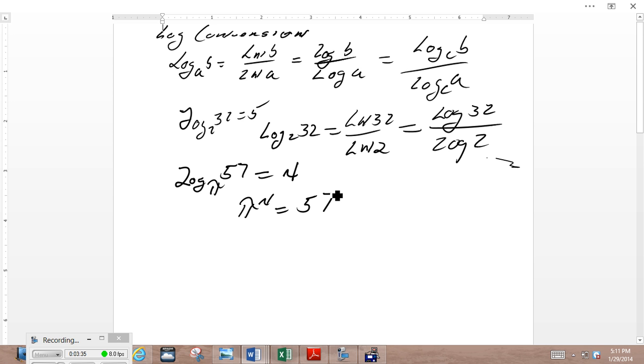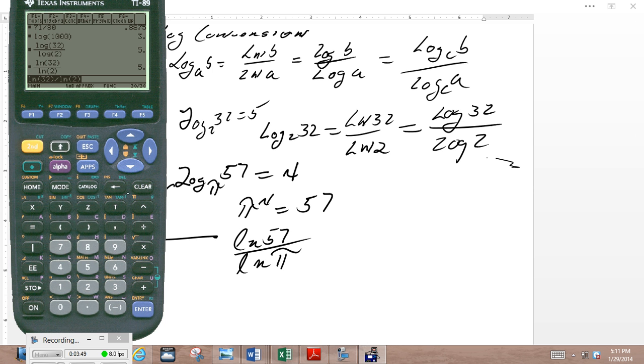So the only way I can resolve this is to go to log conversion. I'm just going to say it's the natural log of 57 over the natural log of pi, since natural log is right on the keypad.